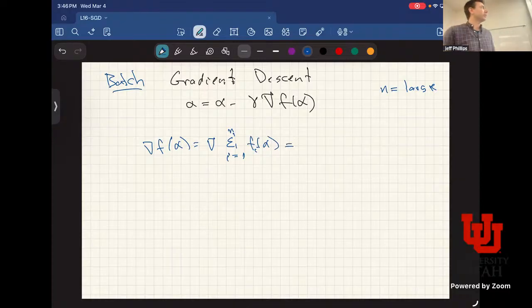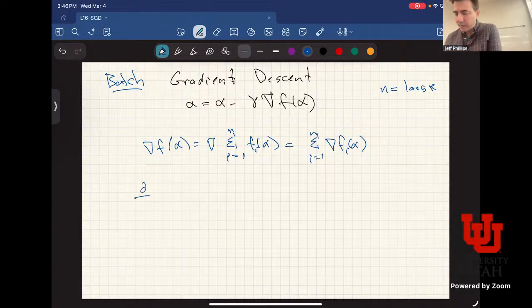It turns out the gradient is a linear operator, so I can push it through the sum. So the gradient equals the sum of the gradients of these f_i functions.